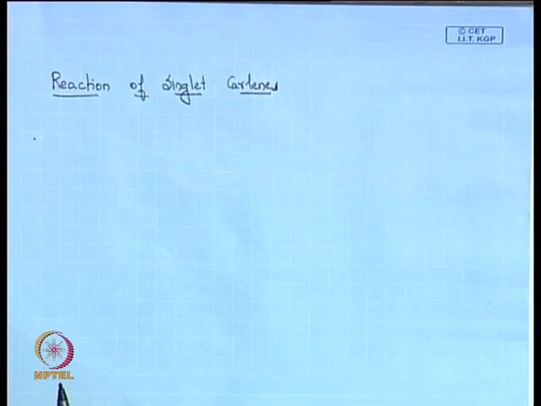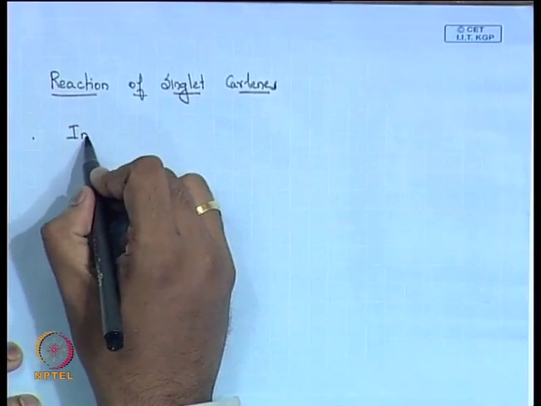The very good reactions of singlet carbene are addition to alkenes, but more than that, insertion into a sigma bond, which other species do not do so fast. It is a very characteristic feature of your carbene.